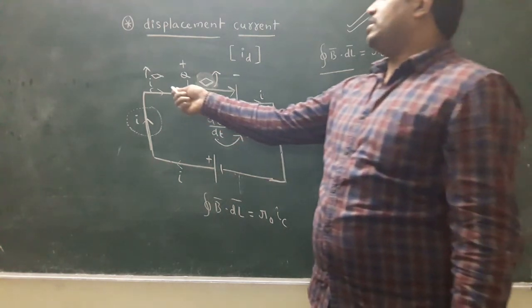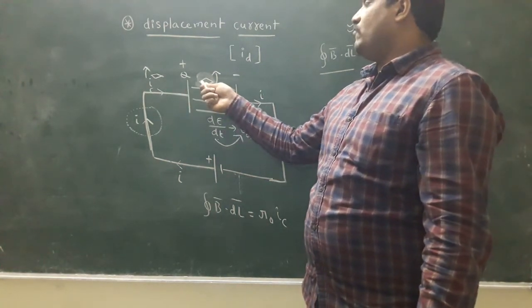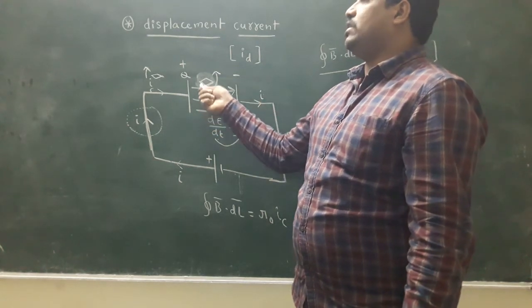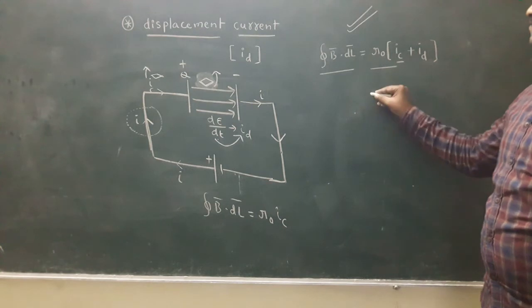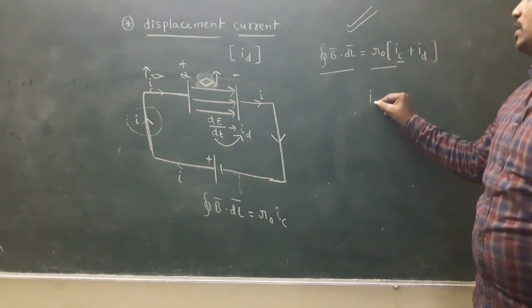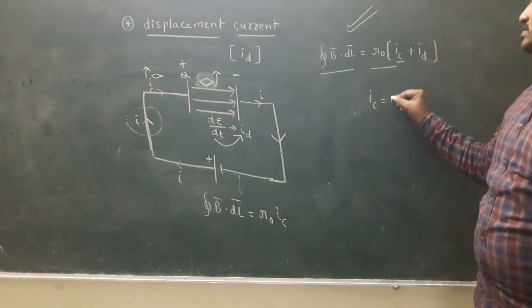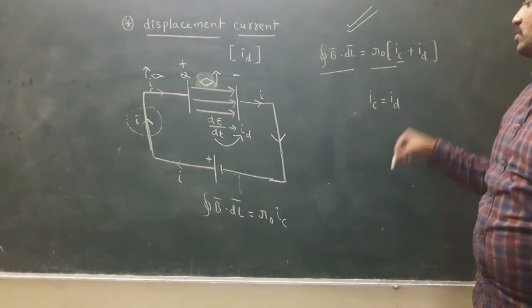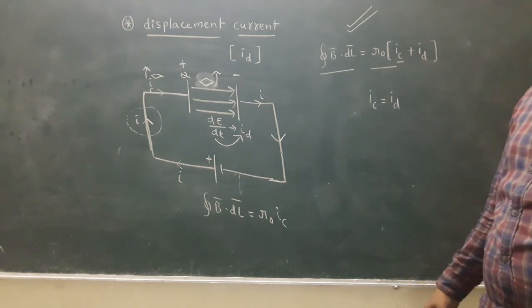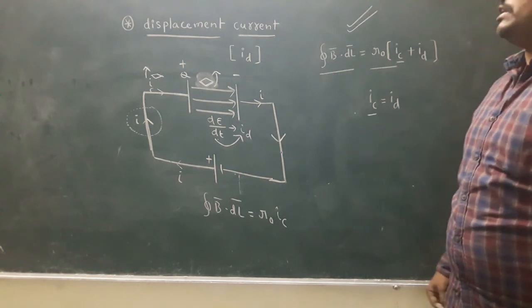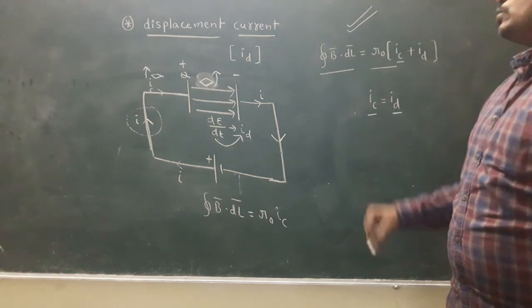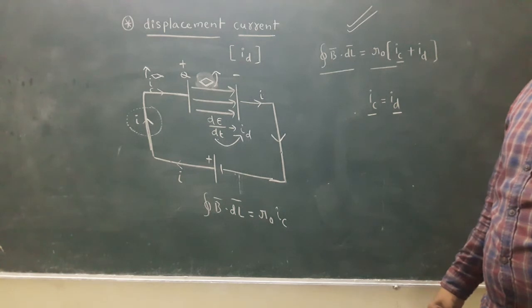This conduction current gives a varying electrical field, and that is why the varying electrical field produces the displacement current. Suppose in this situation I_C equals I_D, that is, conduction current is equal to displacement current.